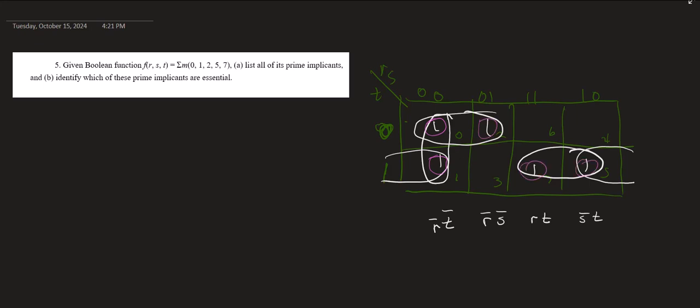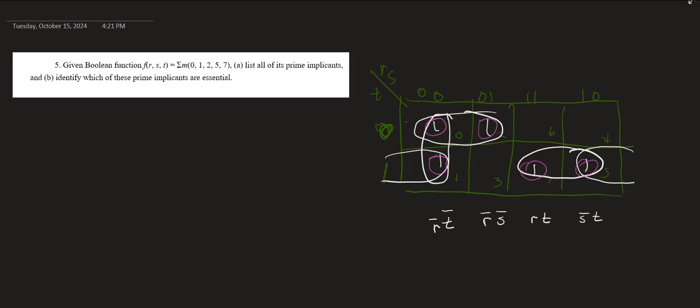Each one of those is an implicant because they're legal. It's legal if it has 1, 2, 4, 8, or 16, and they form a square or rectangle, they're all adjoining. And so all of those are legal, but none of them are prime because all of them are completely contained within some other implicant.